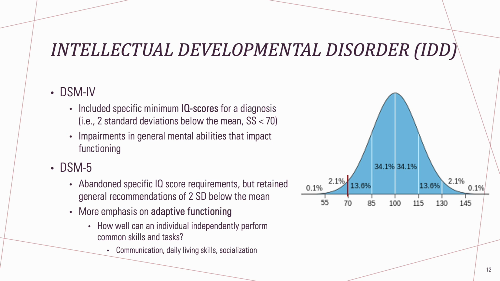So it's not just about intelligence. We also care about what your functioning looks like. How impaired is your life? What domains are impacted by lower intelligence? So how well can an individual independently perform common tasks and skills? And this includes things in the domains of communication, daily living skills, and socialization.